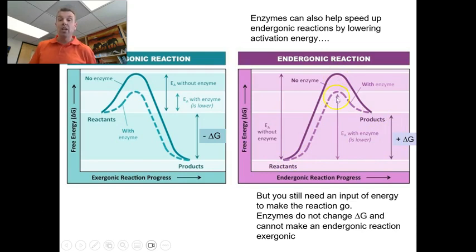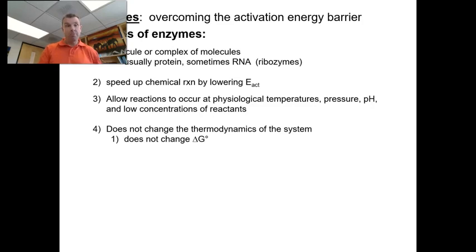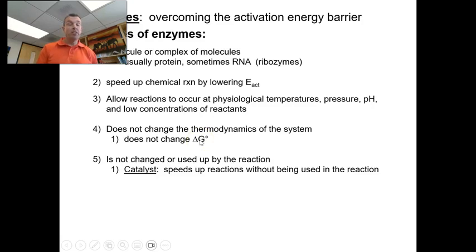Delta G is the same, energy of activation is lower. So an enzyme can help speed it up, but it can't make an endergonic reaction exergonic. For an endergonic reaction, you still need that input of energy. So again, can't stress enough, an enzyme lowers the energy of activation, does not change the thermodynamics, delta G.